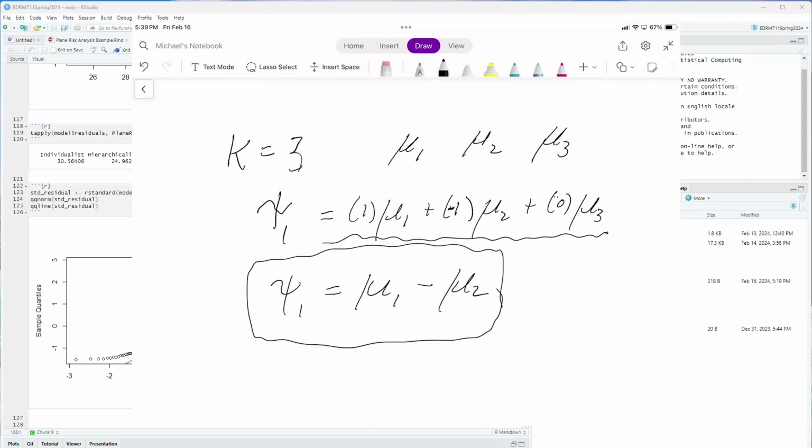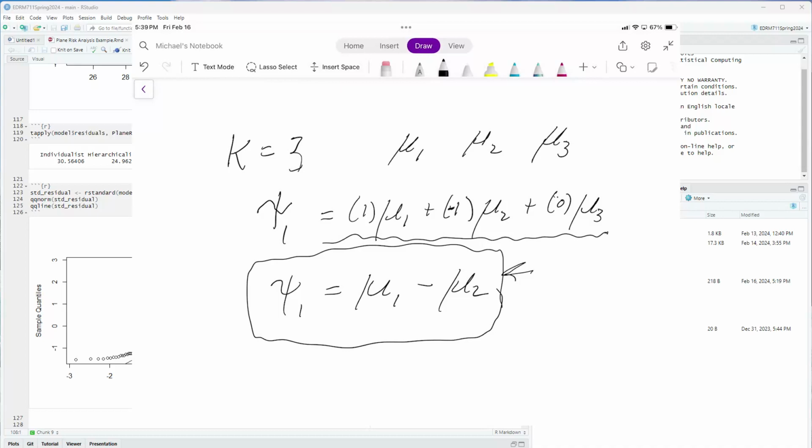But if you think about it, this is something of interest to us. That is, is there a difference in the population mean of, say, individualist and the population mean of, say, hierarchicalist? This would be a way that we could look at that. If we knew the value of psi1, we would know the answer to that question. And as you might anticipate, we're going to be estimating these things.